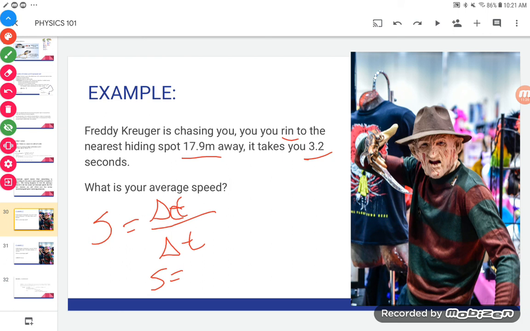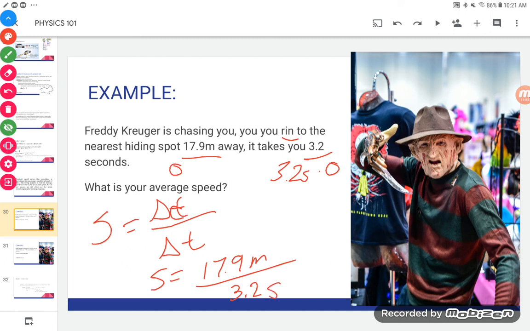Which is S equals, I wish I could write smaller with this. So my change in distance: I start at 0, and I'm 17.9 meters away. So 17.9 subtract initial is 17.9 meters, okay. And I started at 0 again, so it's 3.2 seconds minus 0 seconds, so it's 3.2, so it's very easy when you start at 0, okay?